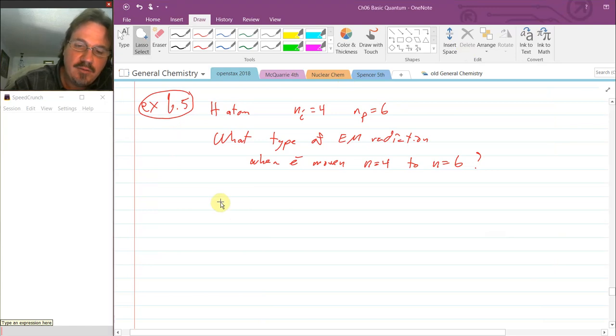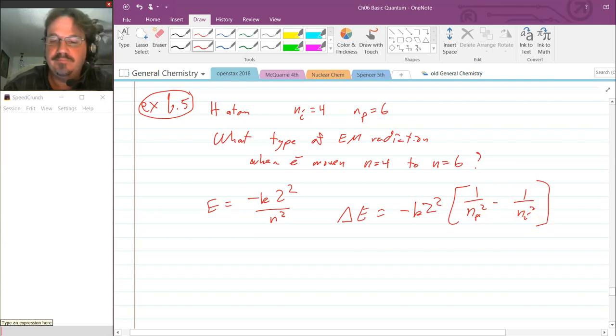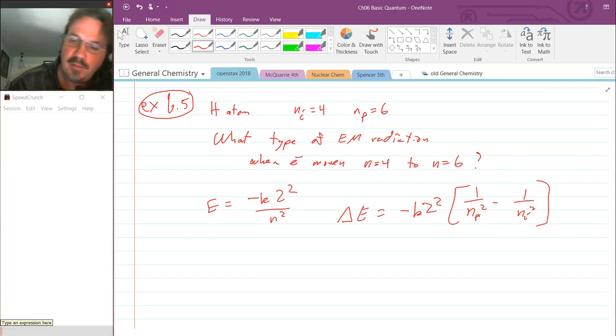Well, we know that the energy levels of an electron is equal to negative k z squared over n squared always, and therefore the change in energy is always equal to negative k z squared times 1 over n final minus 1 over n initial. And we know everything. We know what k is. We know z is 1 because it's hydrogen, and the initial is 4 and the final is 6. So we can plug all that in.